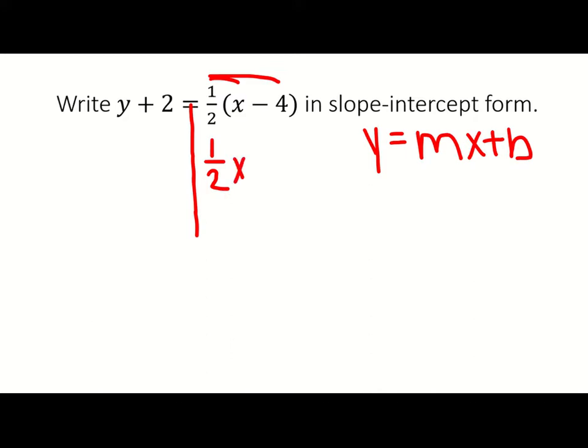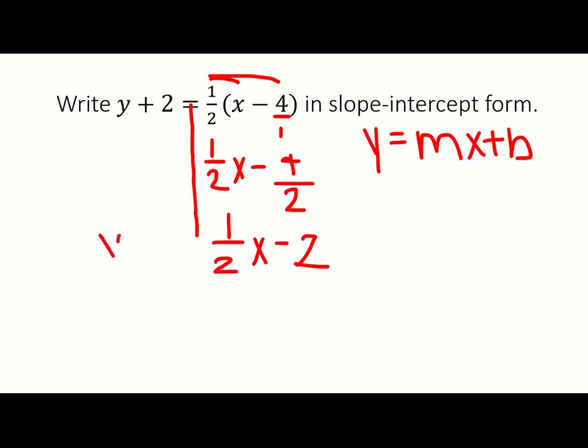And then 1/2 times -4. I'm going to put the 4 over 1 and then multiply straight across. 1 times 4, 2 times 1. Then I want to simplify because I know that 4 divided by 2 is 2. So on the right-hand side, by distributing the 1/2, I get 1/2 x minus 2.